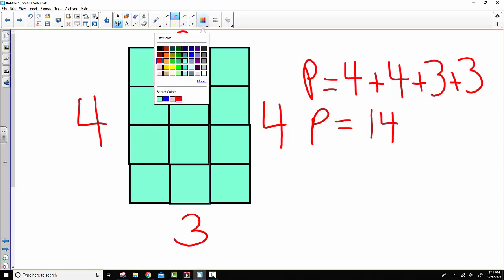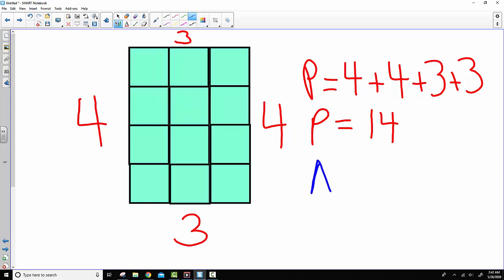Now let's think about our area, the inside of our figure. For area, we're always looking for square units. So let's count our square units. We have 4 rows of 3. Now let's count them. 1, 2, 3, 4, 5, 6, 7, 8, 9, 10, 11, 12.